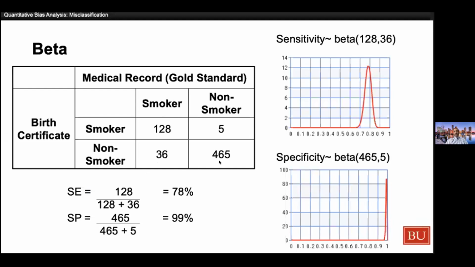I could take the number of people who were correctly classified as non-smokers as my alpha parameter, the number incorrectly classified as my beta parameter, and now I get a distribution that is going to be centered on 0.99. How wide this distribution is going to be depends on how much data I have in my validation study. So now I can use that to summarize my uncertainty, and I can run my Monte Carlo analysis.